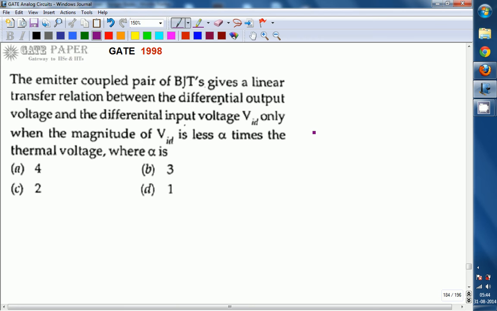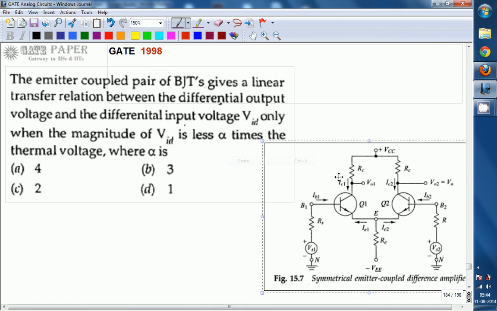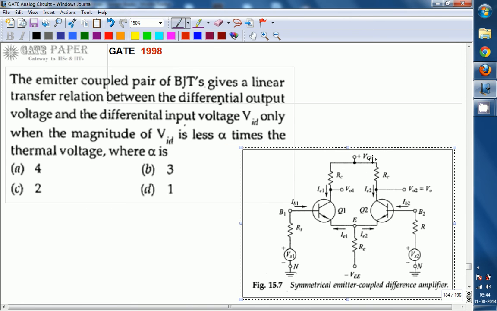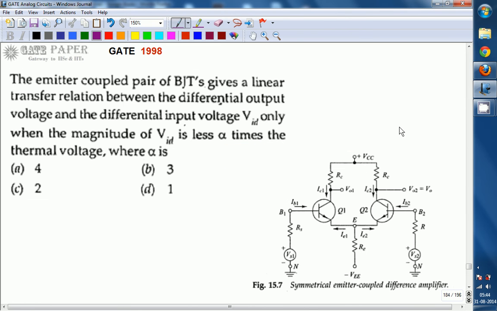What is the value of VID to give the linear relationship between the output and input? So if you look at this one, this is an emitter coupled differential amplifier. For this emitter coupled differential amplifier, we can write V01, and here we are going with two inputs.